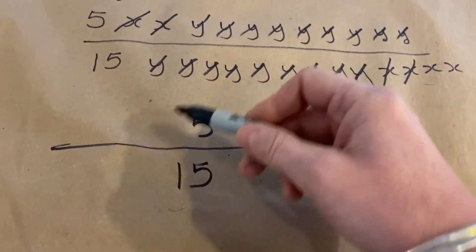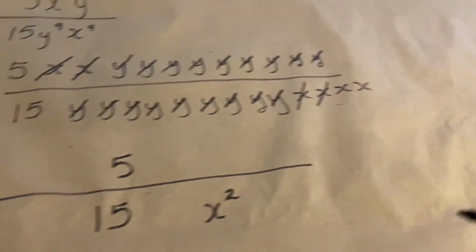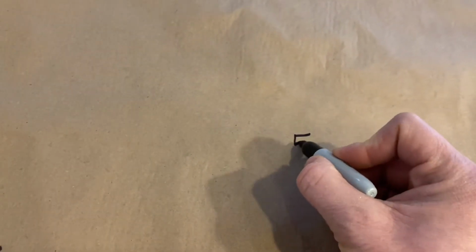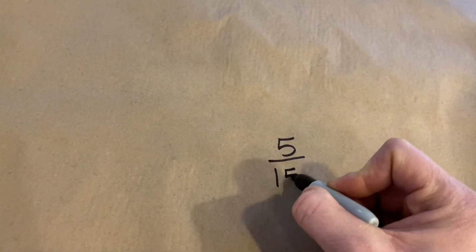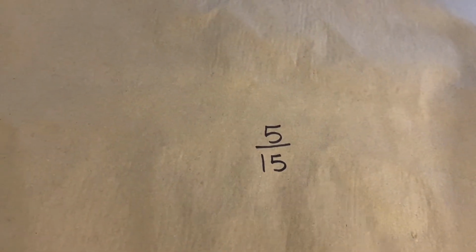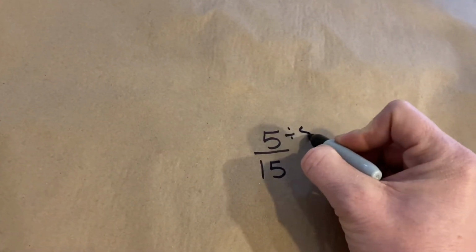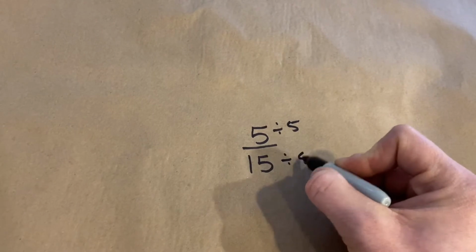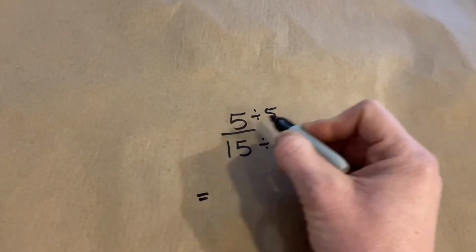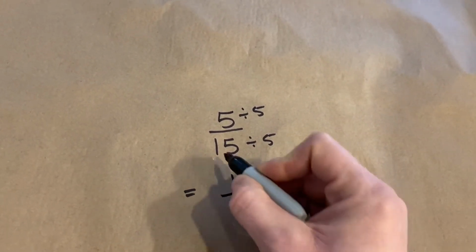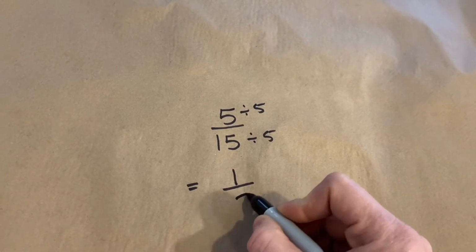Now I need to reduce my fraction. So let's go to the side of my page. I have the fraction 5 over 15. If I want to reduce that fraction, I know I can divide this by 5 and I can divide this by 5. 5 divided by 5 is 1. 15 divided by 5 is 3.